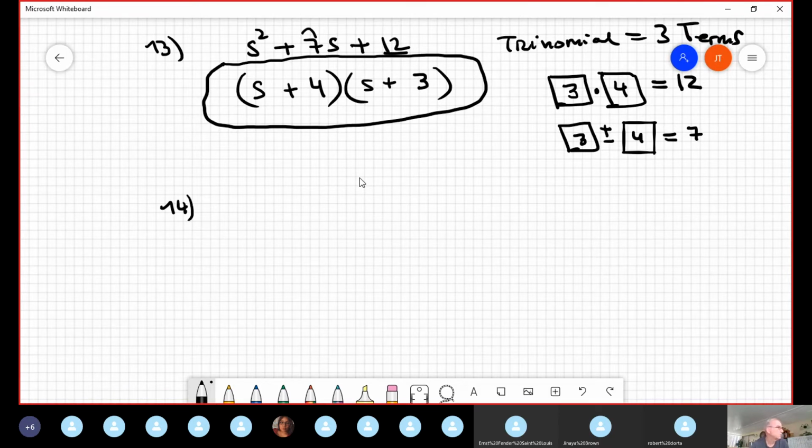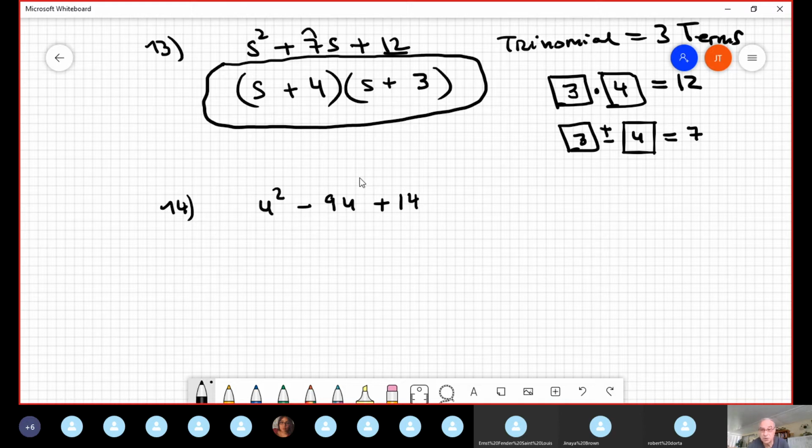Okay, let's see 14. 14 is u squared. Come on. If the example has many solutions, that means if I don't take 3 and 4, I can take 6 and 2. That's going to be the same thing? No. Okay, good question. No. Why no?